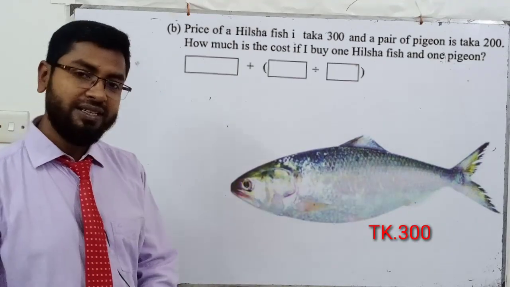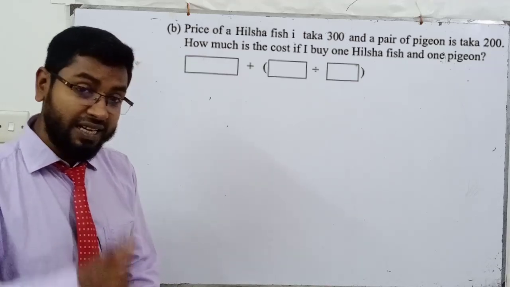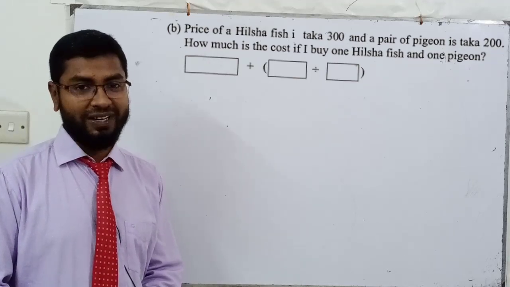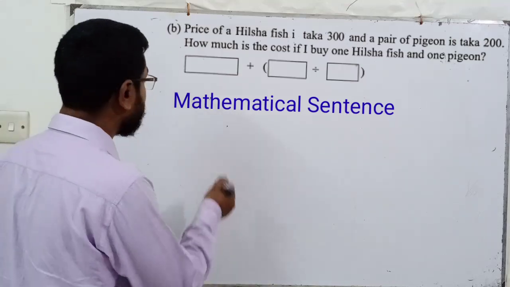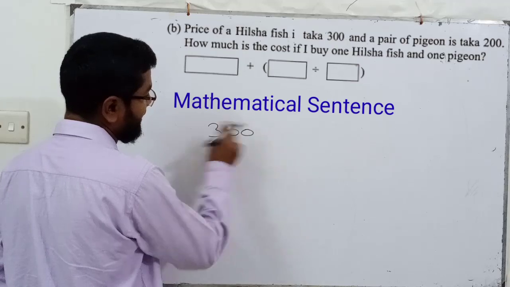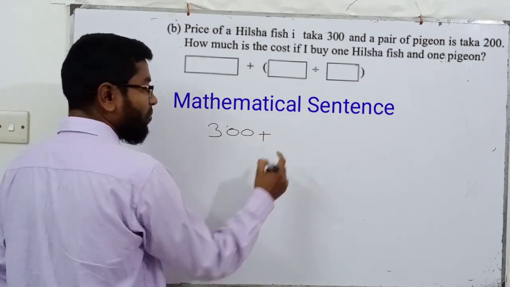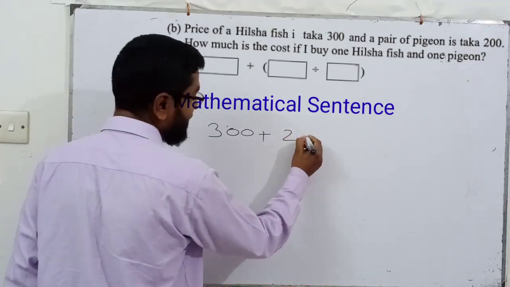Mathematical sentence. Write it. What will be the mathematical sentence? A hilsa fish price is how much taka? 300 taka. That is the mathematical sentence, plus. 2 pigeons price is 200 taka.